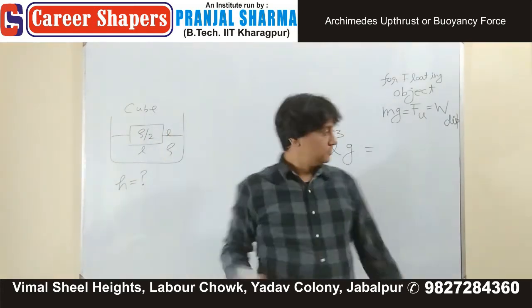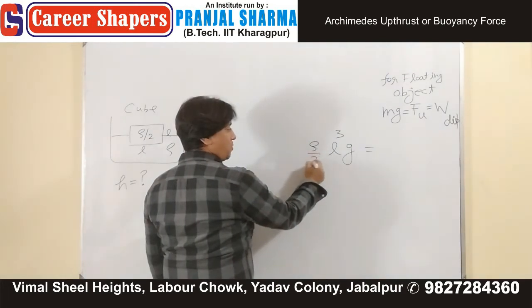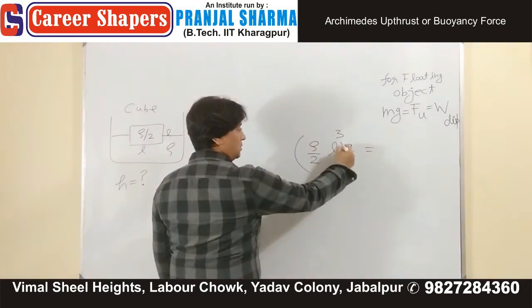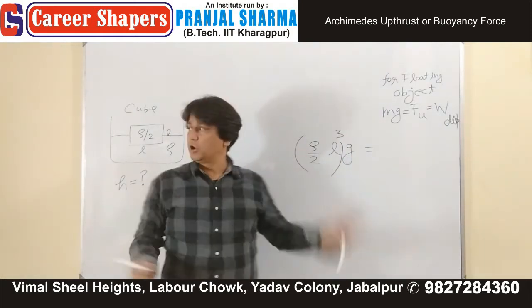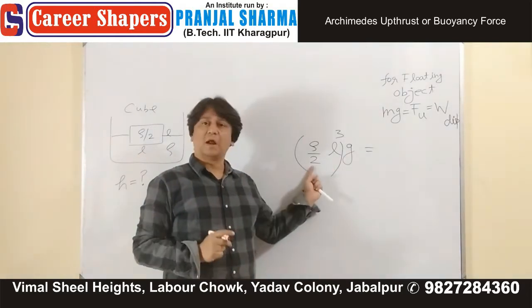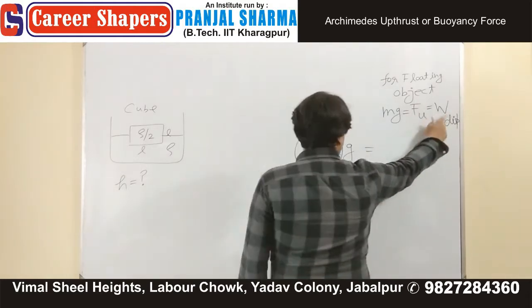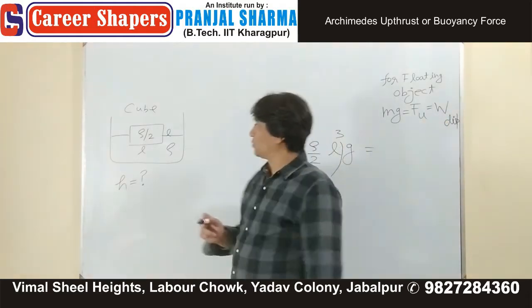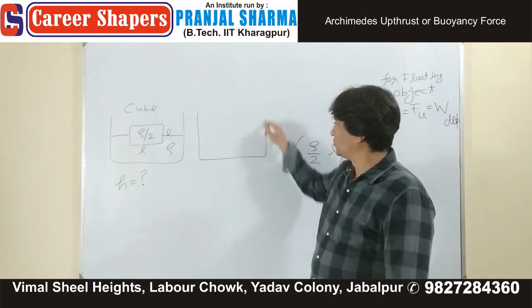Volume, which is L cube, multiplied by density, which is rho by 2, into g. Now the weight of displaced liquid. I hope it will be clear if I draw something like this.